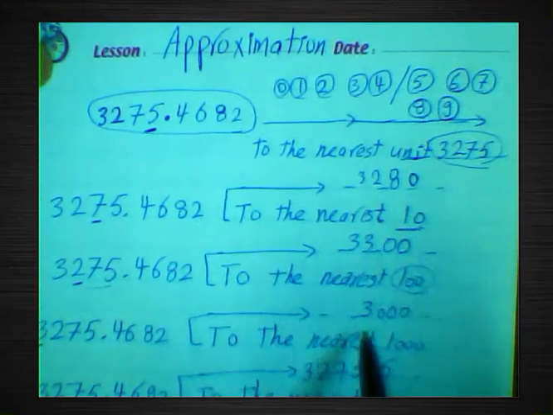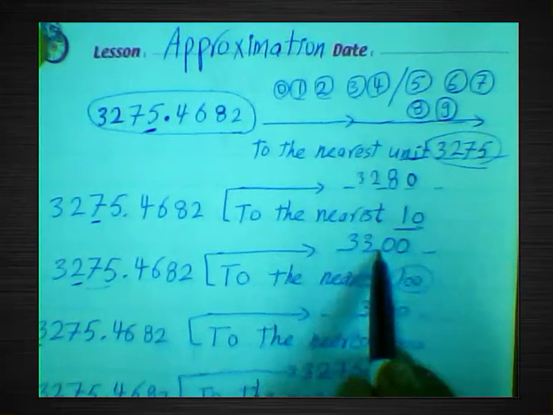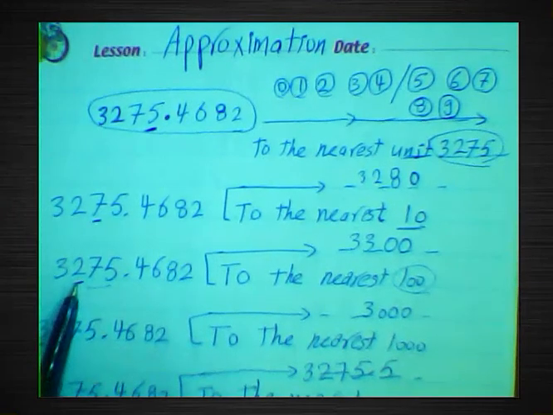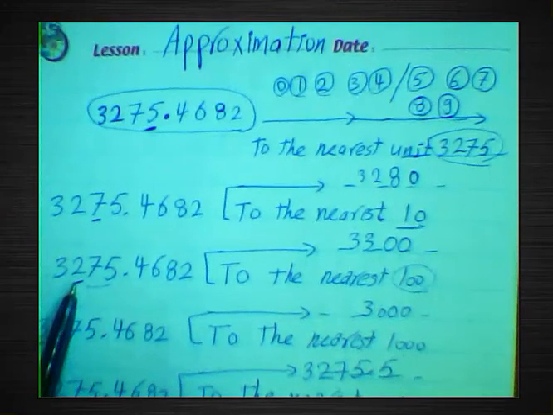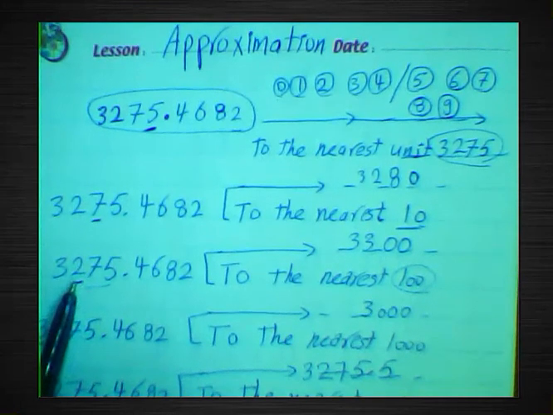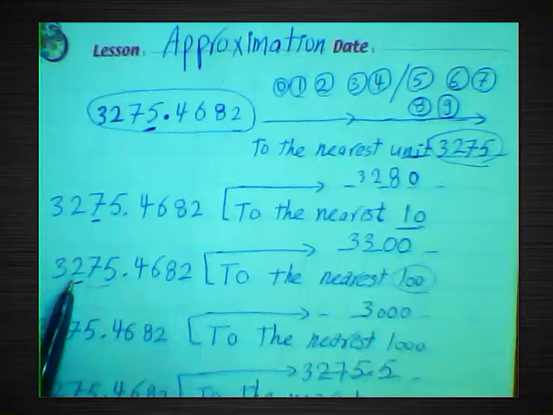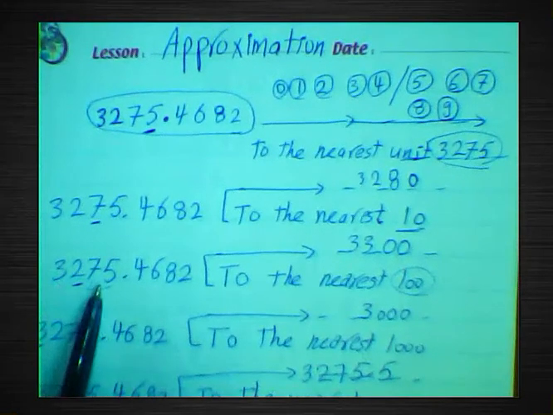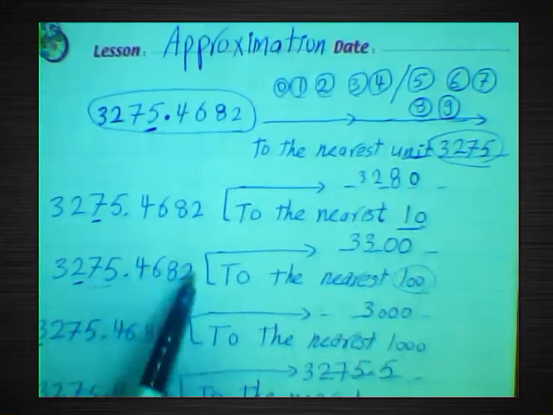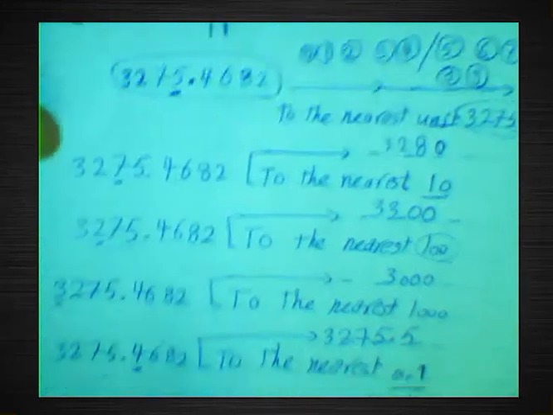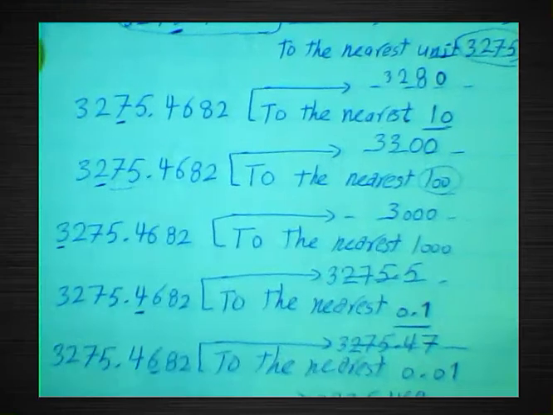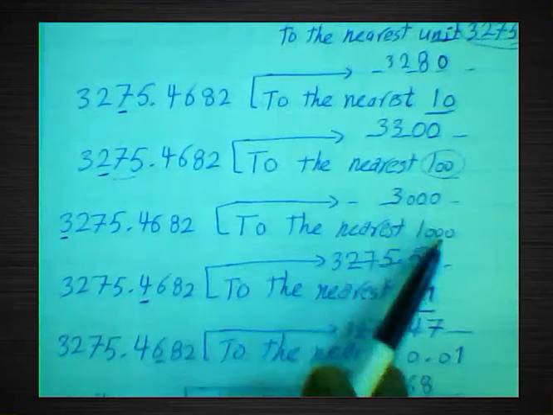Approximating to the nearest 100, we will put 0 here and look at the digit in the 100. 2. 7 gives 1. Yes, 2 will be 3, and we write 3 here and 0 behind it, and we cancelled the decimal 4682. We cancel it.